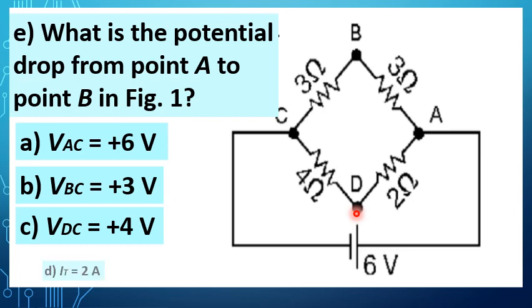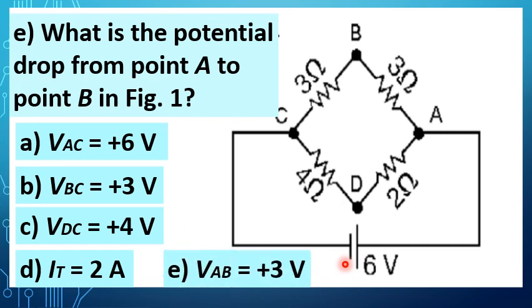And for question letter D, the current that flows from the battery is considered the total current generated in the circuit, and that is equal to 2 amperes. And the last question, letter E, the potential drop from point A to point B must be equal to positive 3 volts.